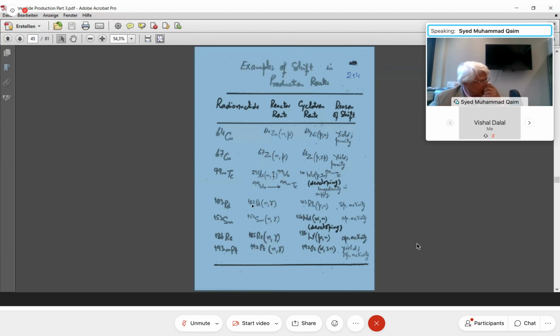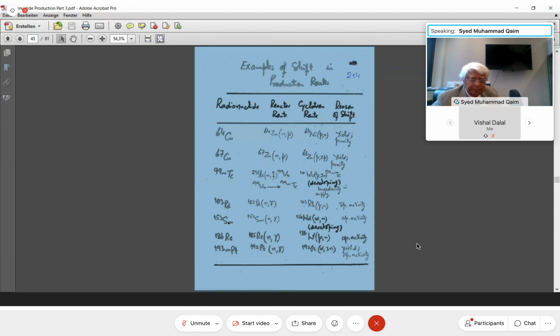Palladium-102 is a very low abundance isotope, so the specific activity was very low. Even if you take enriched palladium-102, the specific activity remains low. So one has changed over from the reactor to cyclotron, rhodium-103 (p,n), which gives us palladium-103, and the specific activity is very high. This is what I said. Many places in USA have cyclotrons producing palladium-103 for use in prostate cancer.